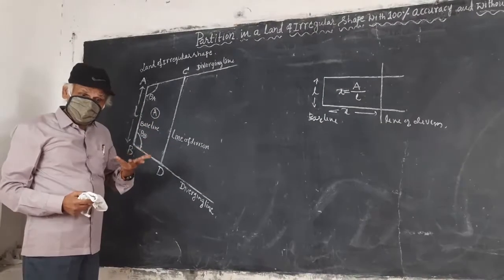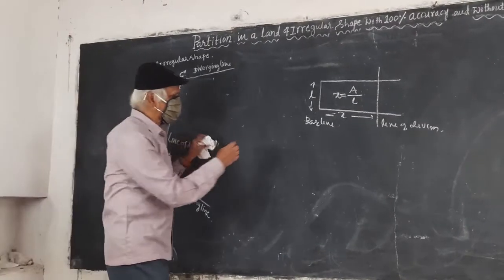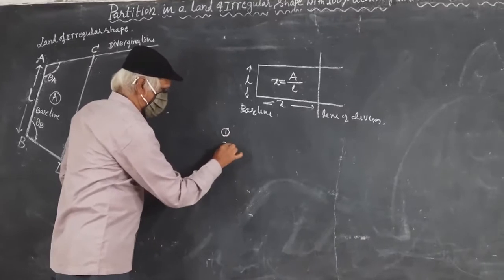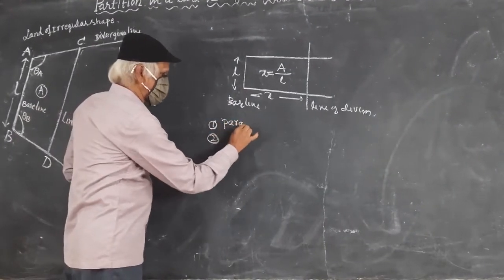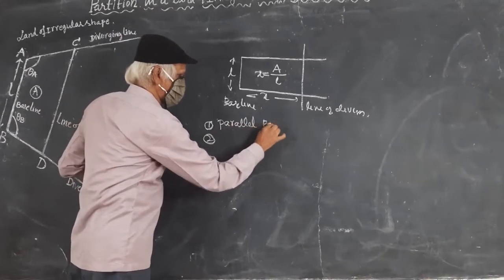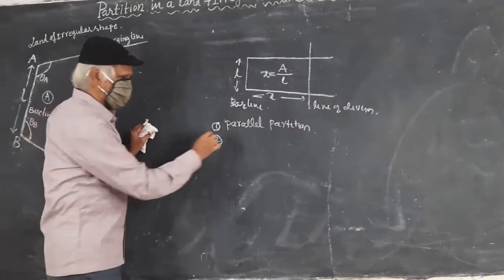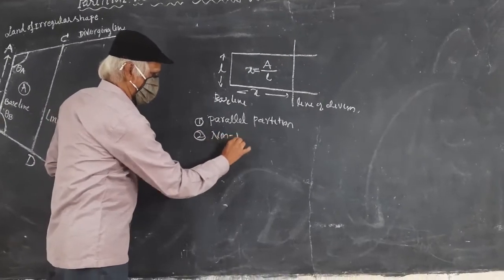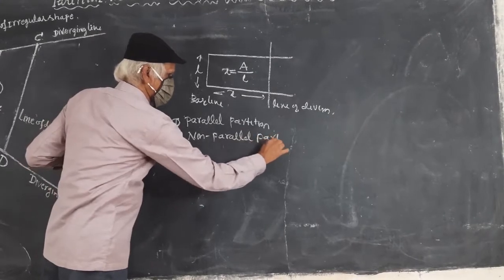Again, in vertical division also, two types arise. One is parallel partition and the other is non-parallel partition.